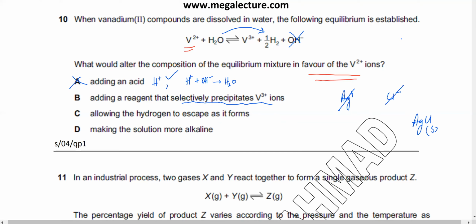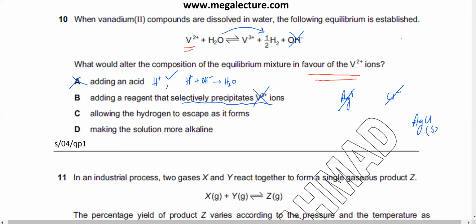So adding a reagent that selectively precipitates V3+ ions means that you're removing V3+ ions from the solution. You're adding something which is going to combine with the V3+ ions and form a solid. We haven't studied the solubility of V3+ ions, so we have no idea, but you're adding something that's going to make it insoluble.